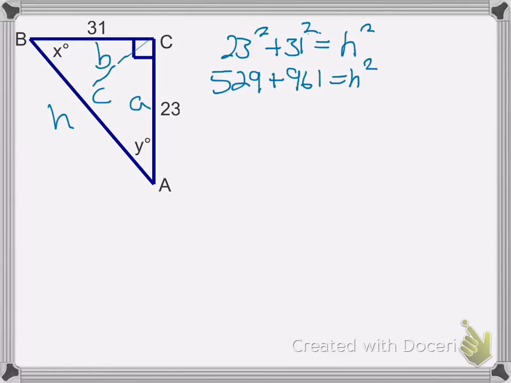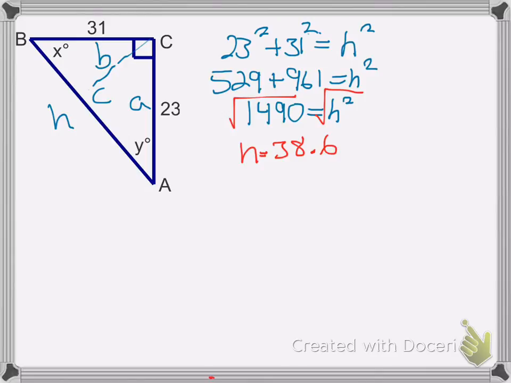Add those 2 together. 1,490 equals H squared. Solve for H. I need to square root both sides. H equals 38.6 after I round. 38.6 for my hypotenuse. I just found the 3rd side.